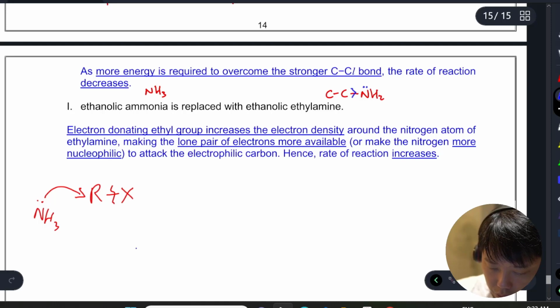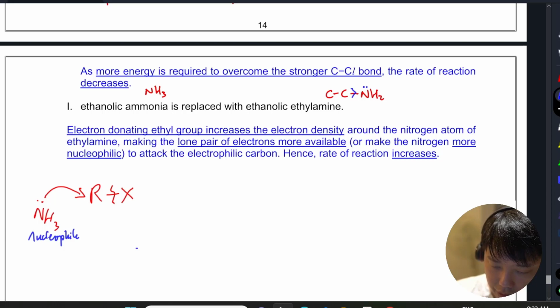So this is your nucleophile, which is first order, and this is your Rx, which is your electrophile, is also first order. So this depends on the bond energy to break, and this depends on the nucleophilic strength, the availability of the lone pair.